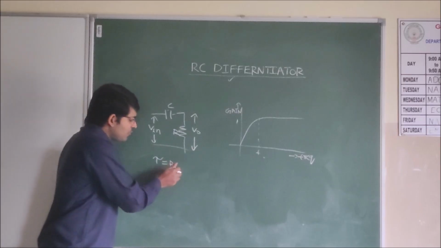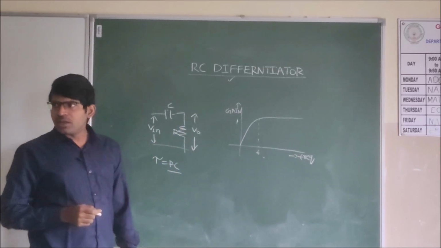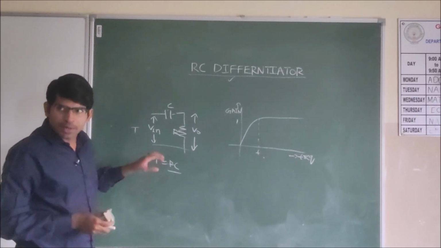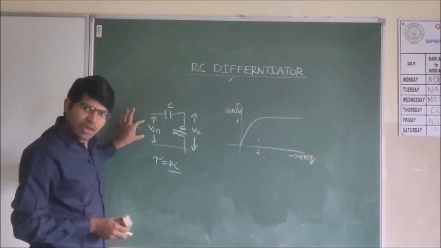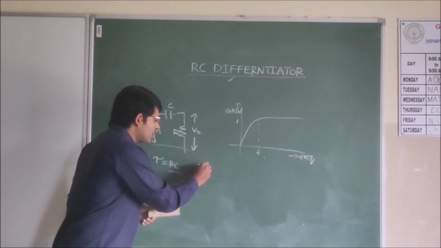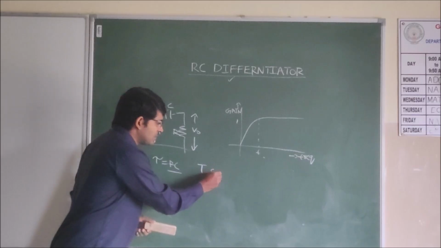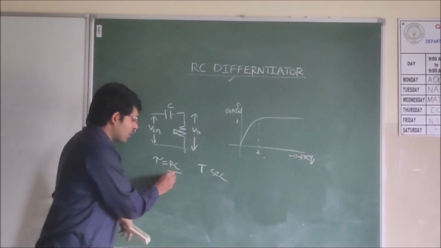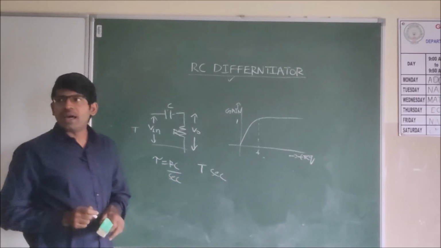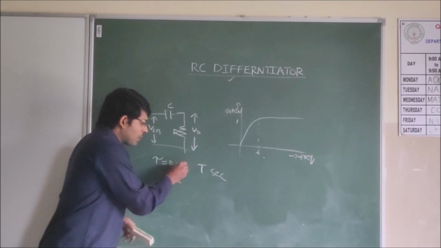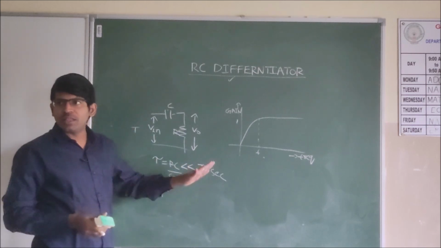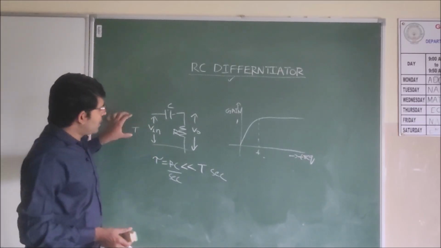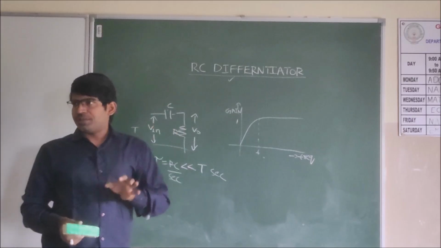The input signal is having some time period, which I am representing with T seconds, and my circuit is also having a time constant, which I am representing with RC seconds. My circuit time constant should be very much lower than the input time period. At that condition, my input signal will be differentiated.